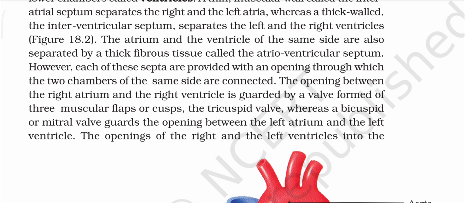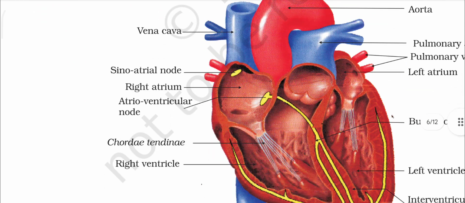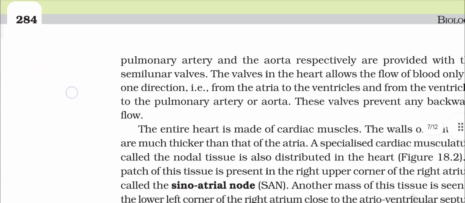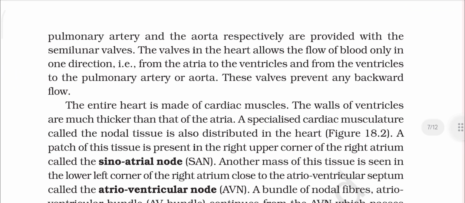The opening between the right atrium and right ventricle is guarded by a valve formed of three muscular flaps or cusps, the tricuspid valve, whereas a bicuspid or mitral valve guards the opening between the left atrium and the left ventricle. The openings of the right and the left ventricles into the pulmonary artery and the aorta, respectively, are provided with the semilunar valves.